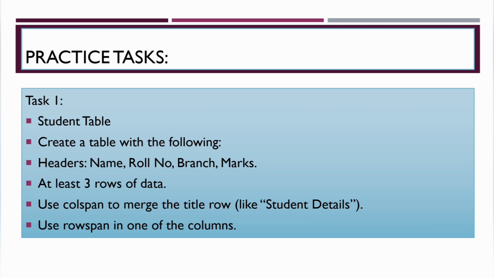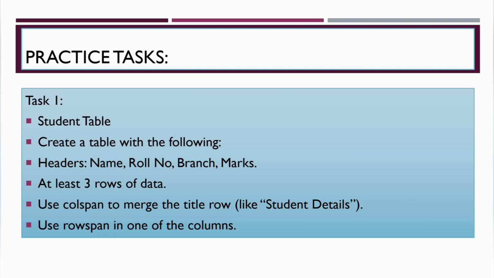Create a student table with the following headings: name, roll number, branch, marks, with at least 3 rows of data. Use column span to merge the title row, like student details, and also try to use row span in one of the columns. If you guys are interested, just do your school's or college's timetable also.